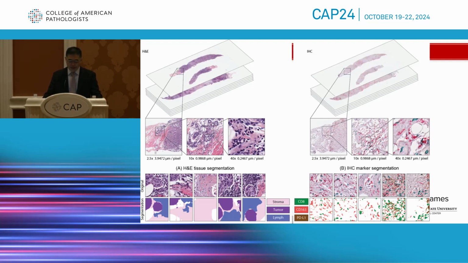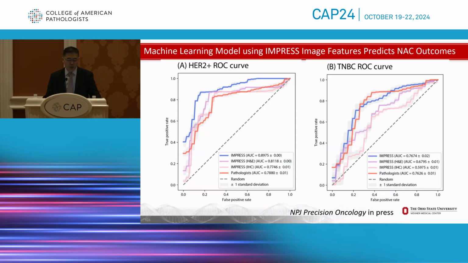There are, I forgot how many, 32 image features we extracted from both HE and IHC stain slides, including stromal area, tumor area, and lymphocyte-rich area, and then quantify them, and also quantify those biomarkers in each area, and use this data to train models to predict response to chemotherapy in both HER2-positive and triple-negative breast cancer patients who received neoadjuvant chemotherapy.